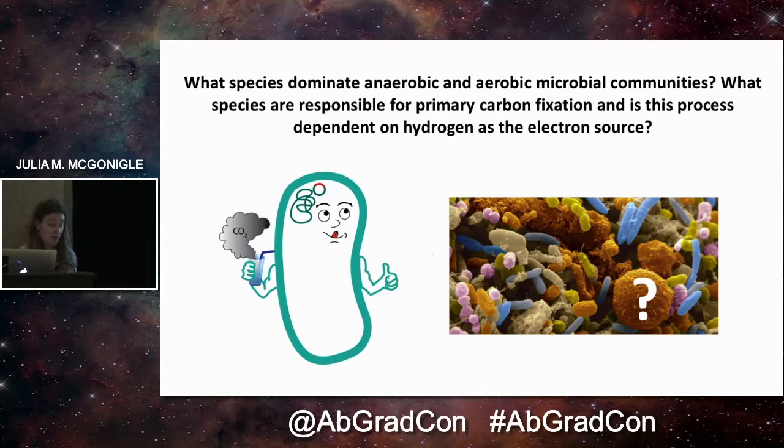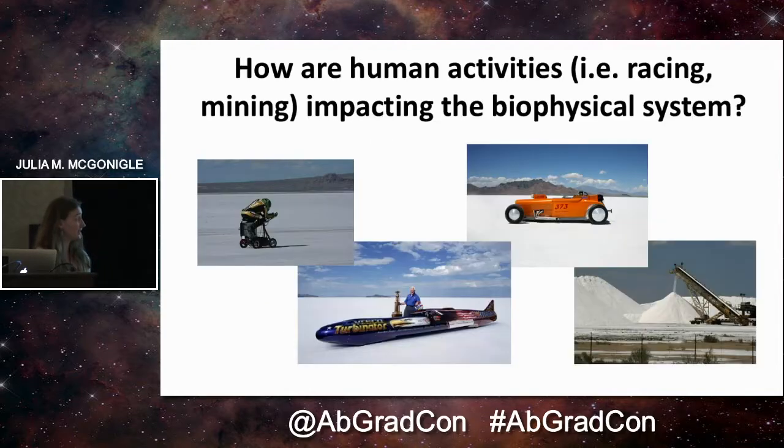The Bonneville salt flats are also an interesting space compared to other salt flats because a lot of human activity goes on out there. High-speed land races take place every year when the salt crust is thick enough.